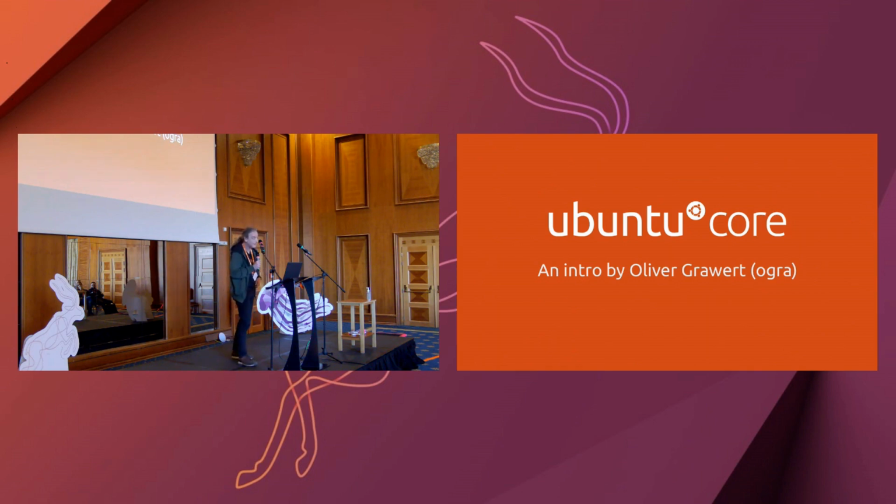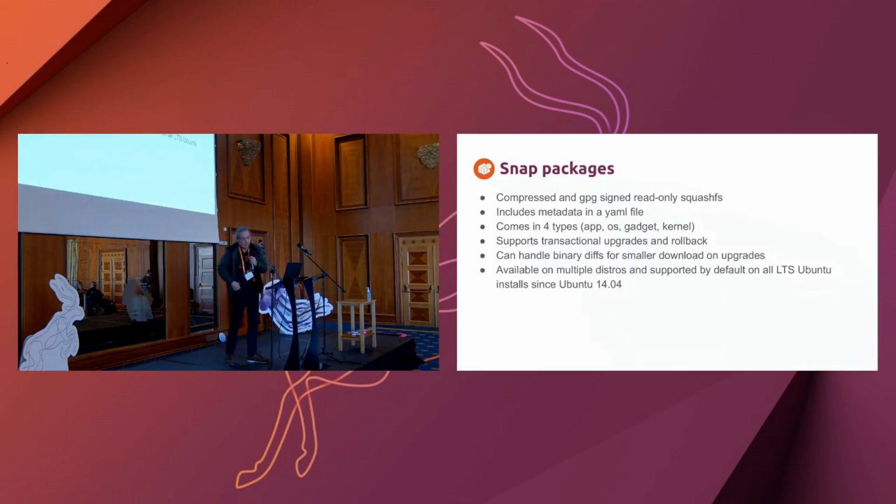Back then we called them click packages. And we had to stop the phone simply because it wasn't sustainable commercially. But we didn't want to throw away what we had from the phone. And we started merging the technology into something new, which was snap packages, as you might know or not.